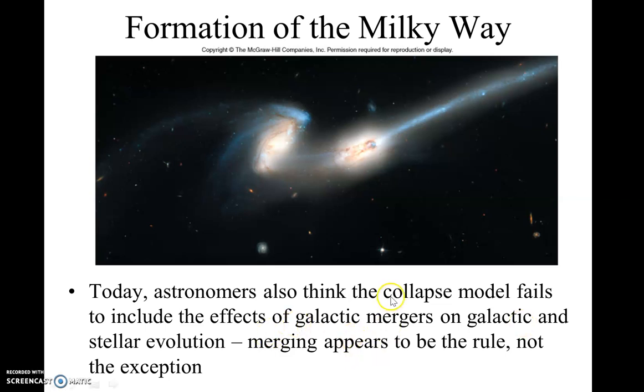Today, the modern idea, and we're going to find this a lot more in the next chapter, the chapter about galaxies, is that we think that there were a lot of galactic mergers.